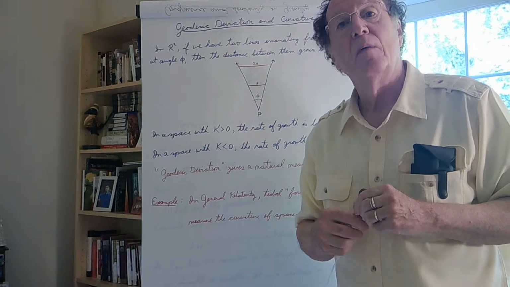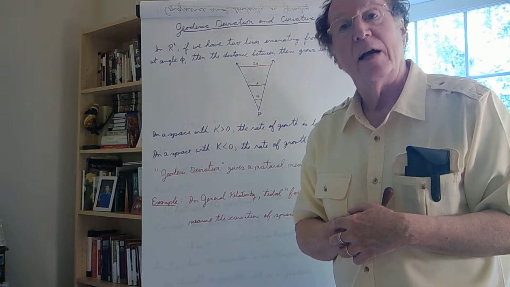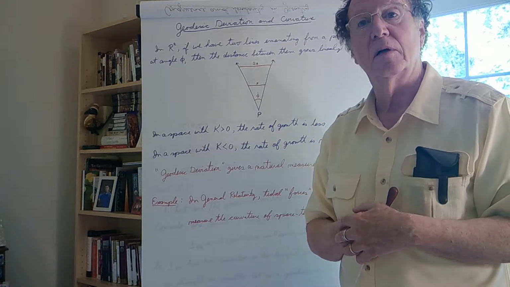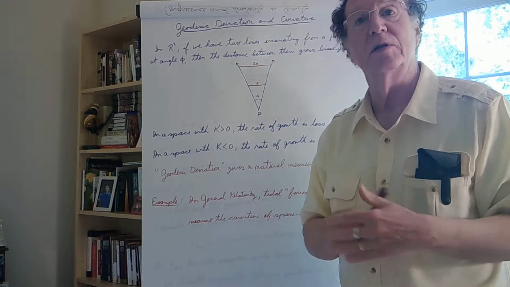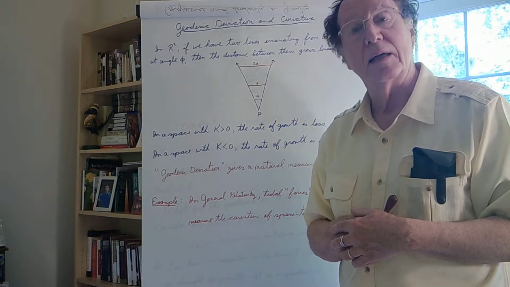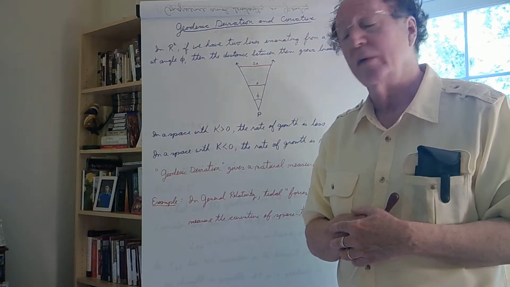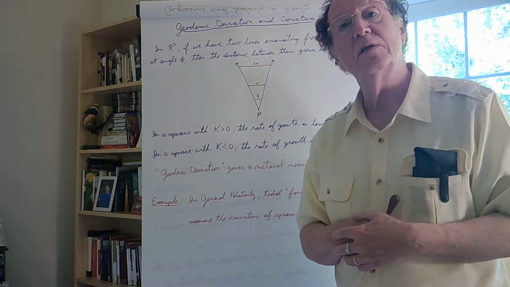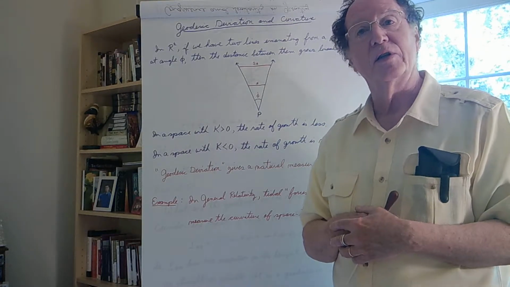When he drops the balls, their rest frames are locally inertial reference frames, and there are no forces in the accelerating frame, as we've discussed, and we'll discuss more when we turn to general relativity. But those are inertial reference frames. At least locally they're inertial.